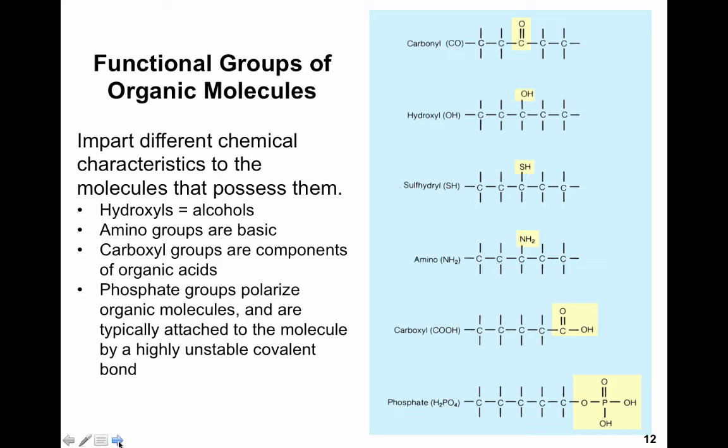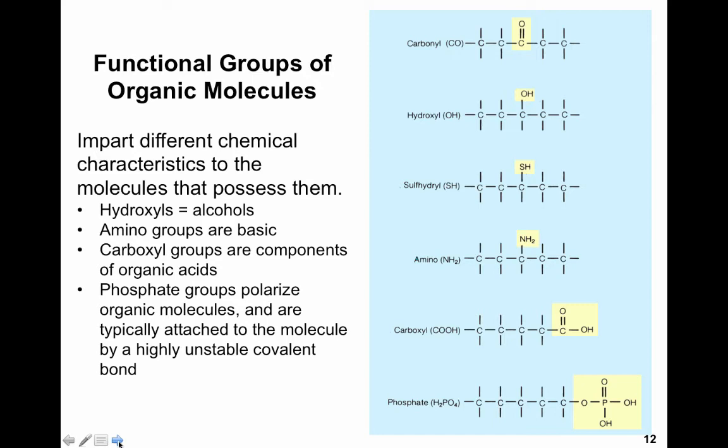Organic molecules are basically carbon and hydrogen and oxygen, but depending on the other possible elements that could be bonded to a chain of carbon atoms, those different elements and different configurations of carbon, oxygen, and hydrogen can give the molecules a distinctive chemical character.